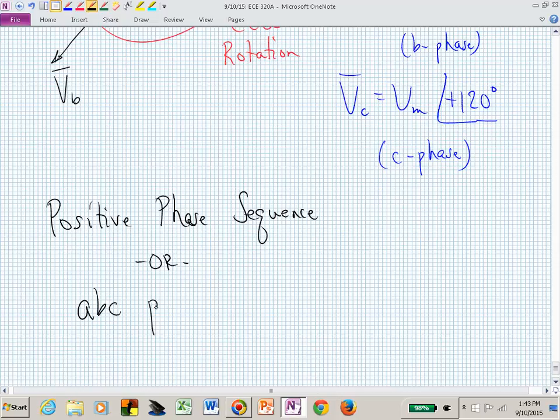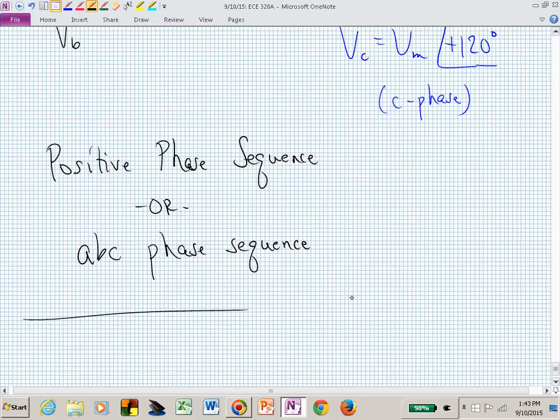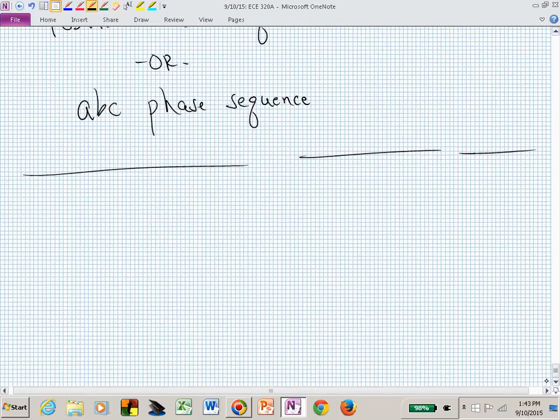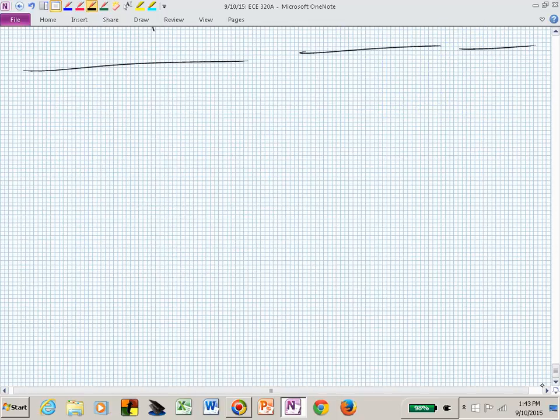or the ABC phase sequence, and I hope you can see where the ABC comes from. What's the negative phase sequence going to look like if that's the positive phase sequence? And again, let's have the A phase being our reference phasor.